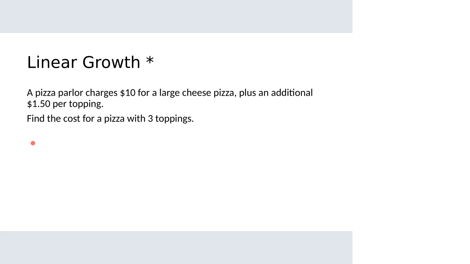So what would a 3-topping pizza cost at this particular place? Given the idea that they charge $10 for the pizza with nothing on it, plus $1.50 per topping.